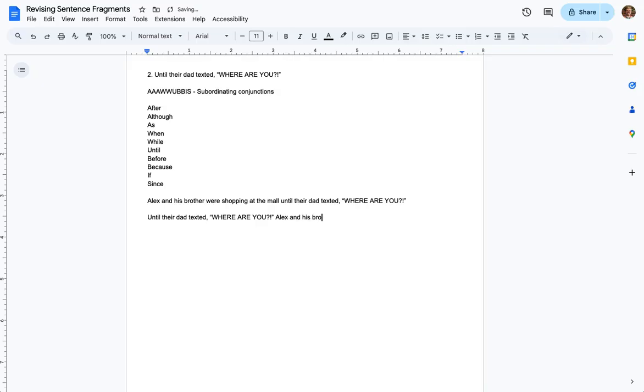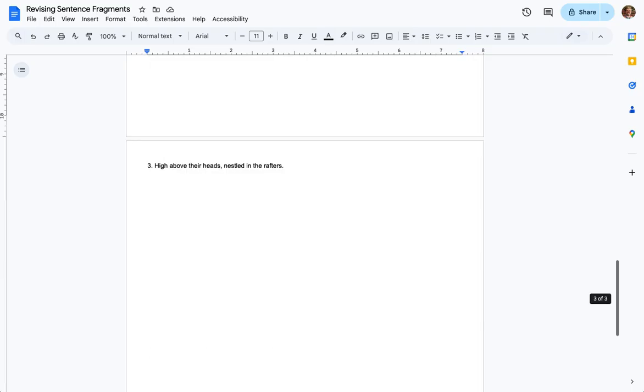Alex and his brother had enjoyed their day shopping at the mall. Here we've got an example of adding some information at the end, a subject and a verb, a complete thought at the end that uses the sentence fragment as an introductory clause.